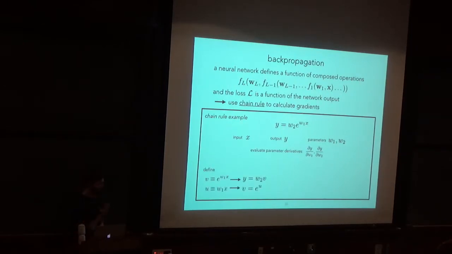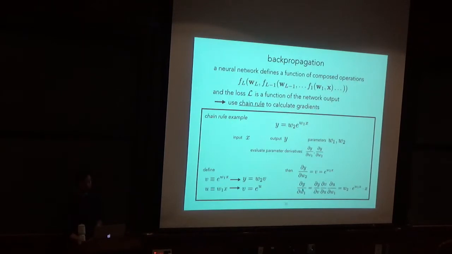We can just use simple substitution, redefining v as this function here and u as this function here. Then we can derive the derivative of the output with respect to the weight w2. Well, that's just v, because we have w2 times v. So that's just the term v.